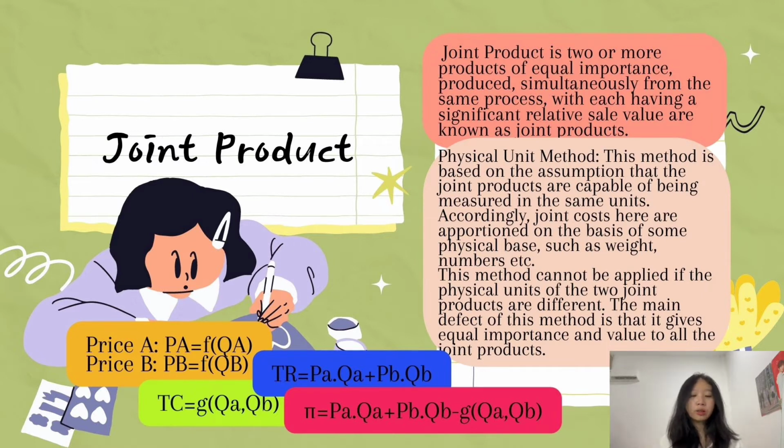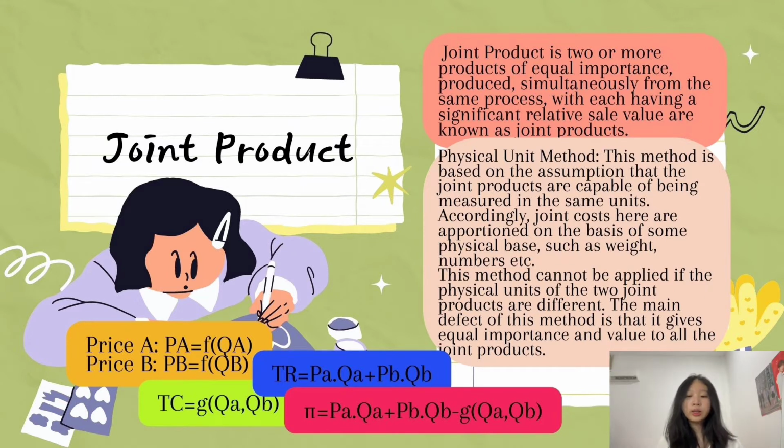Then where the TR is the total revenue, so the profit is TR subtract the TC, where TR equals PA times QA plus PB times QB.